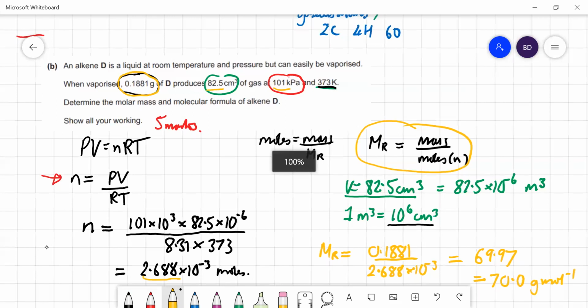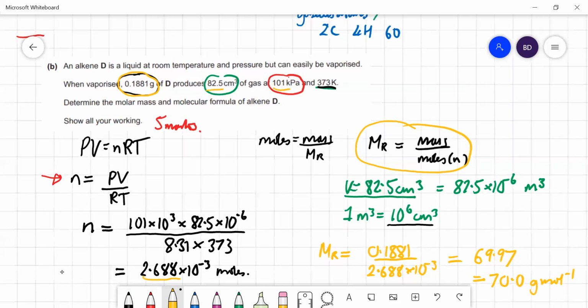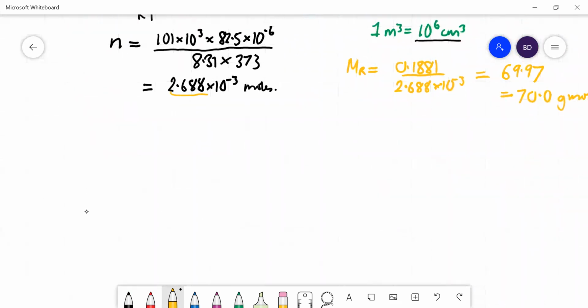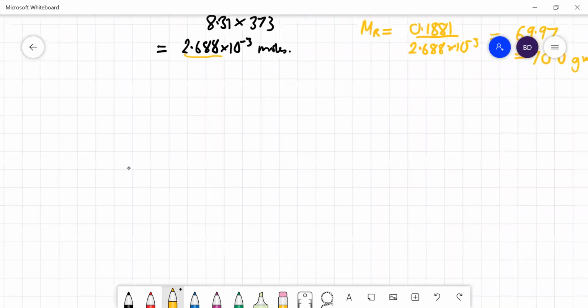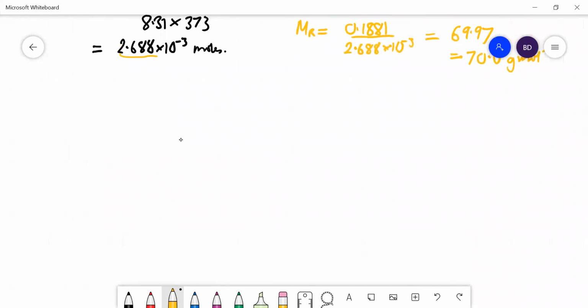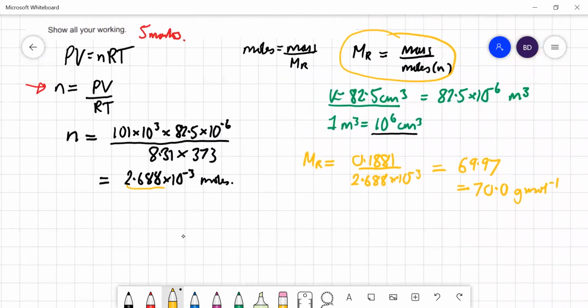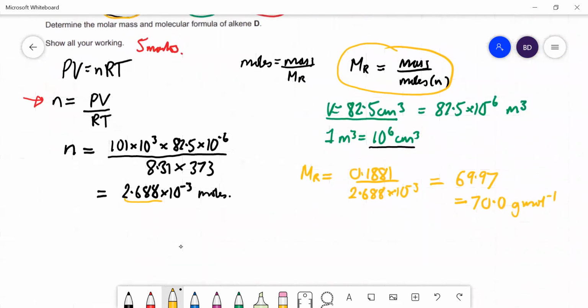Right, now it was an alkene. It's probably going to ask us what that alkene is. I think it does. Well, what is that alkene likely to be? An alkene is going to have the formula CnH2n, and the Mr is going to be 70.